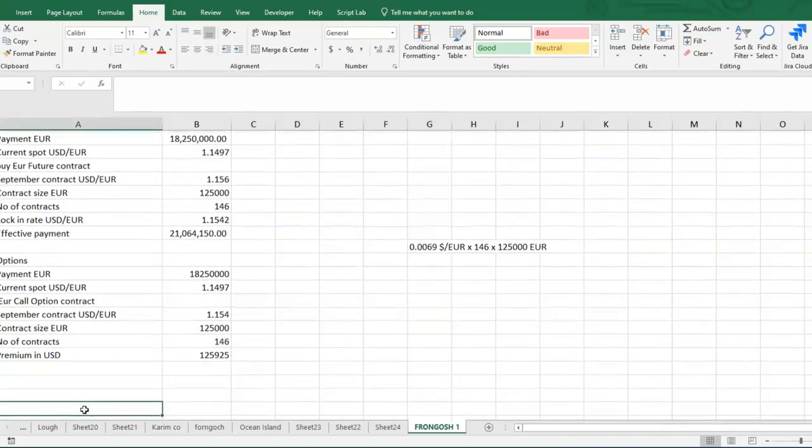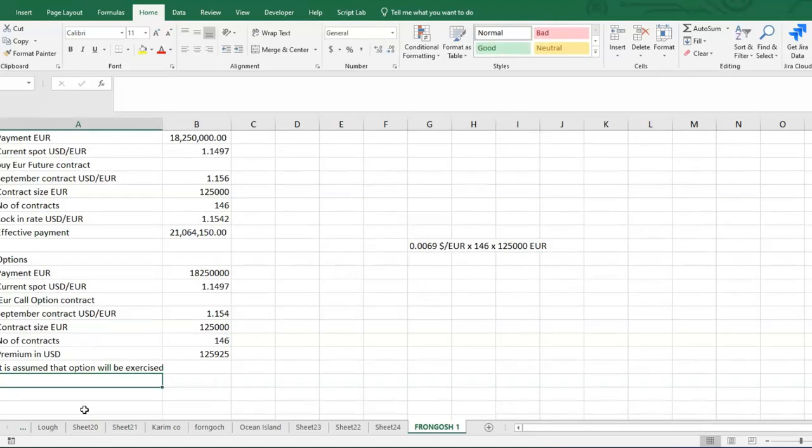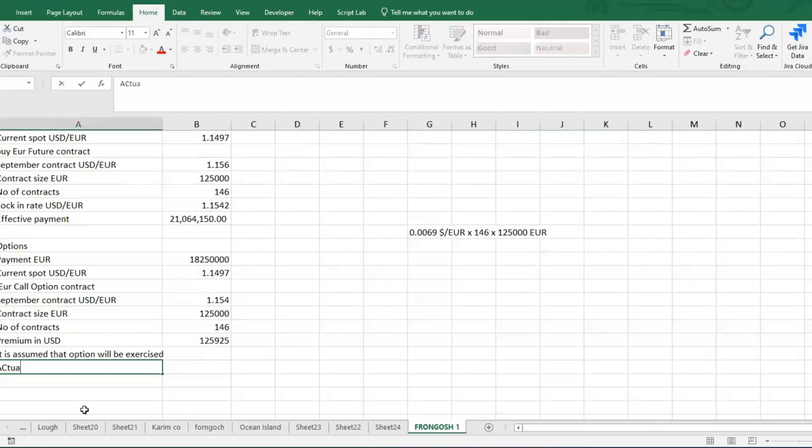This is the premium. So now it is assumed that option will be exercised. Right? So calculate the payment. Home currency is dollar. Call option, what is the call option?